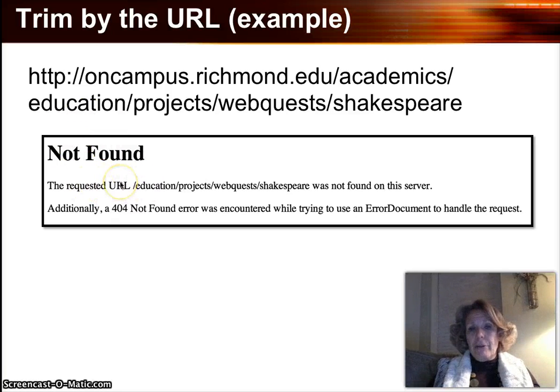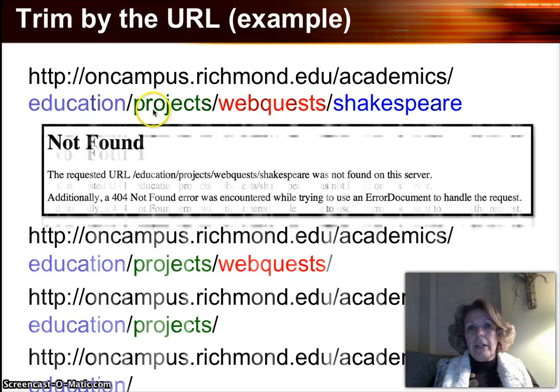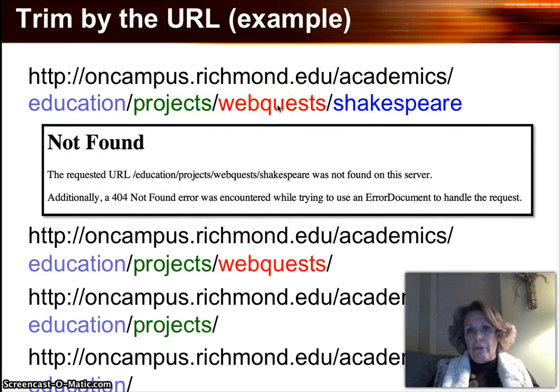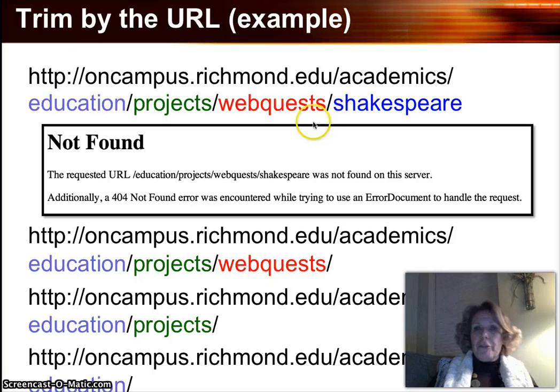Have you ever searched and then you get this not found? The requested URL was not found on the server. Usually what happens when you have an address this long is it's saying it's on this server, in this folder, in this folder, and so forth. So what would happen is if you trim back the URL by, let's take off Shakespeare, and then click, can I find it now?